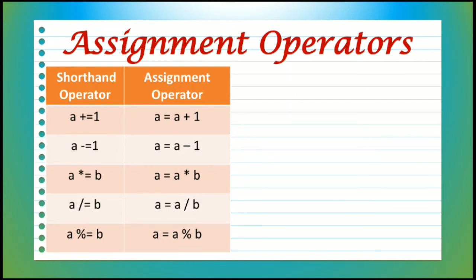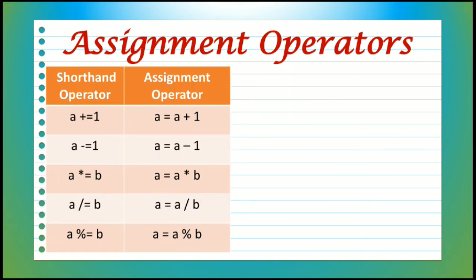Next shorthand operator is a *= b, which is similar to a = a * b. So in both the statements, a is multiplied by b and the result will be stored in a.